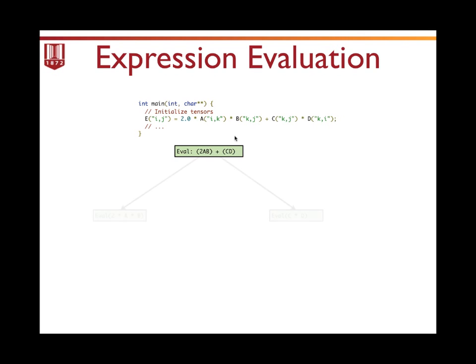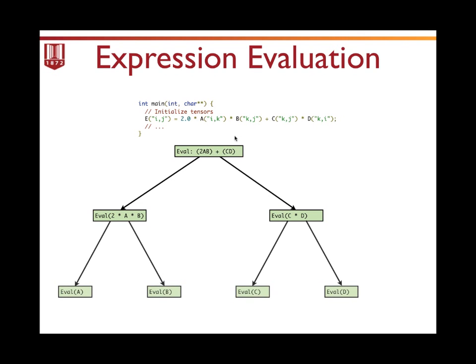This then spawns more tasks that evaluate A and B, and respectively C and D. And those tasks also spawn more tasks to evaluate their arguments. So the kind of evaluation you might do on a single tensor would be to scale it or to permute the data so that it's ready for the contraction for a subsequent expression.